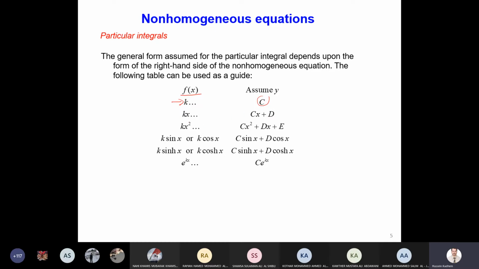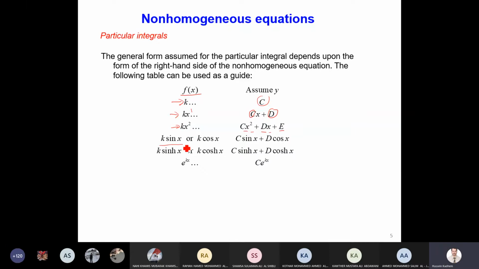If the function is a constant times x, a first degree polynomial because x is raised to power 1, I write the solution as constant d plus constant c times x. If it is kx squared, it will be a constant plus a constant times x plus a constant times x squared. You open the polynomial. By the way, I use c, d, e; you can use any simple letters for these constants.